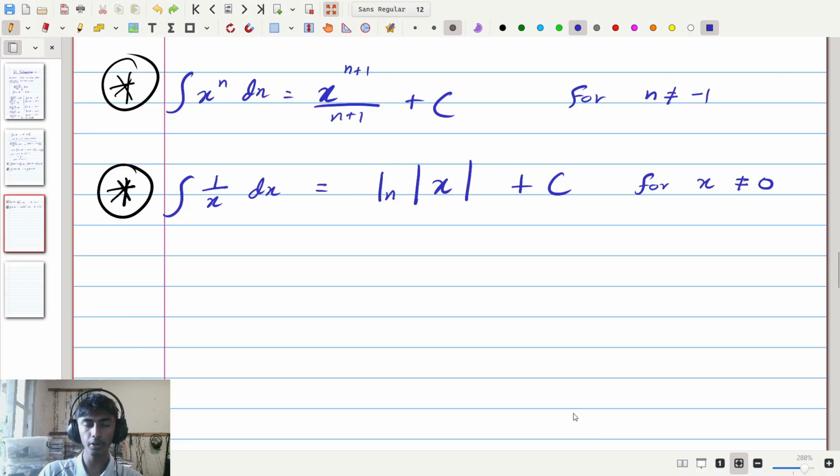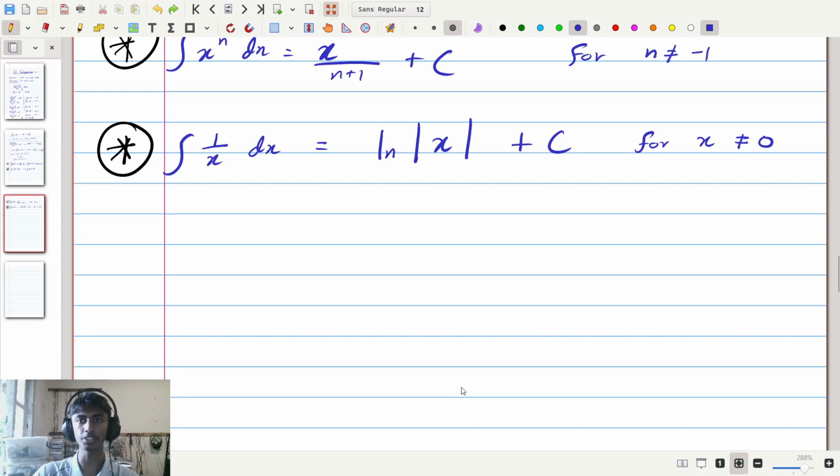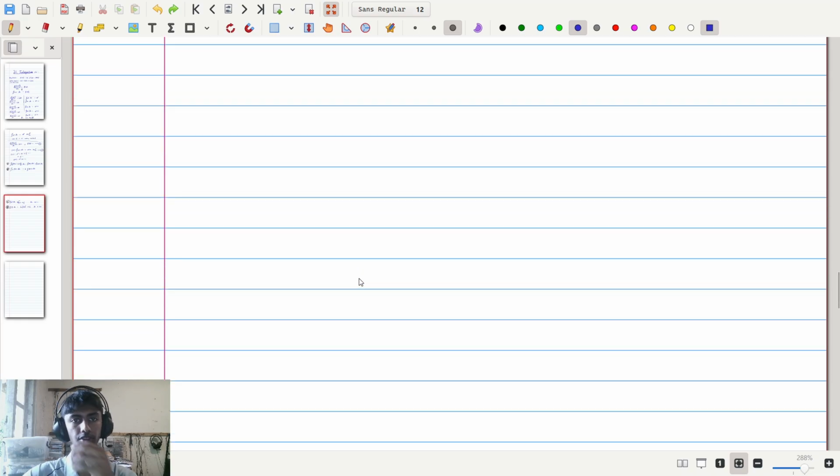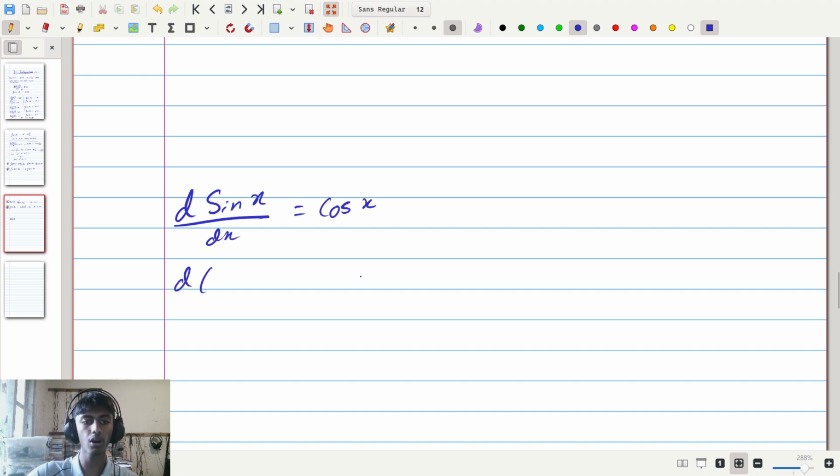Another set of common antiderivatives comes from the trigonometric functions. And I'm going to list them out really quick, and we're going to write their antiderivatives as our answers. What we know from derivatives is that the derivative of sine x with respect to x is the cosine of x, and we know the derivative of the cosine of x with respect to x is the negative sine of x.